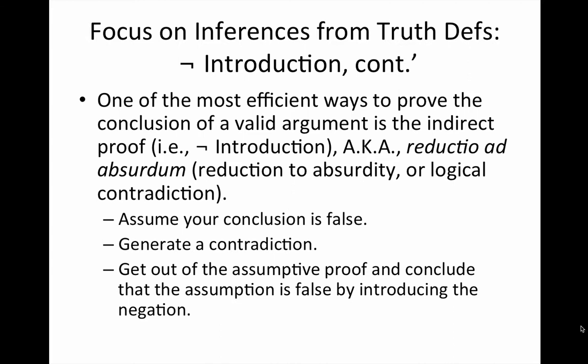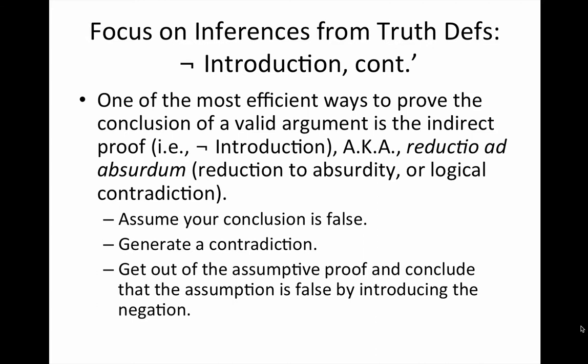When you're given your argument, you look at the conclusion, you see that the conclusion is an atomic sentence or a literal, that is a negated atomic sentence. You assume that the conclusion is false. In other words, you take the opposite of the conclusion and accept that as true.